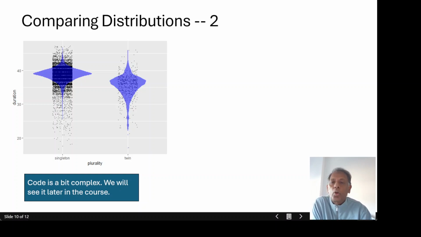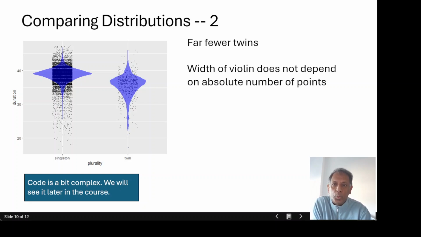Again, we'll not look at the code here right now. The code is a little bit complex because there's some amount of data processing that's required before you can get this plot. But what we're looking at is the benefit of the plot itself. Far fewer twins. Of course, the number of points here is much, much smaller than this. There are many, many more singleton births than there are twin births.